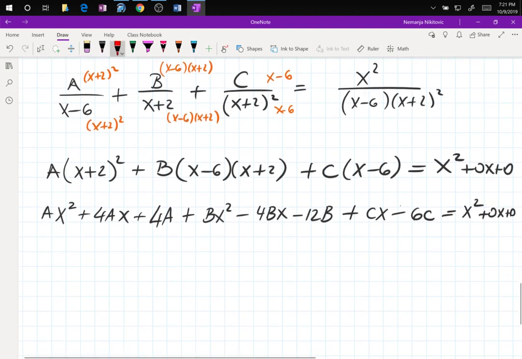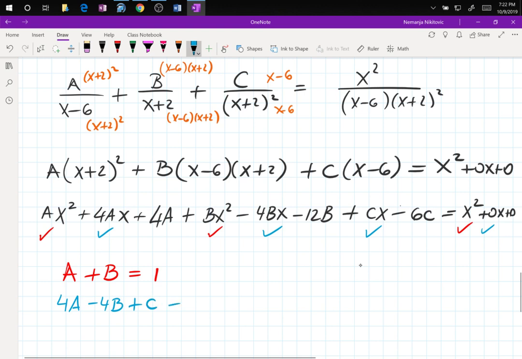Now, red equation, you have your squares. So what you learn from there is that red is going to be A plus B equals 1. Then I have my blue equation, which are all the single x terms. And that's going to be 4A minus 4B plus C equal to 0.